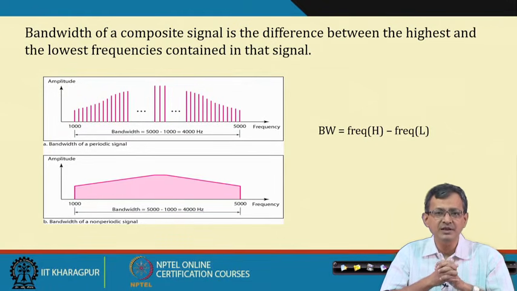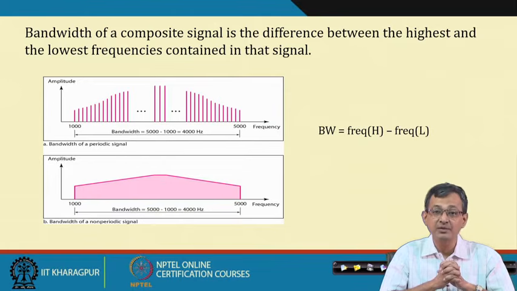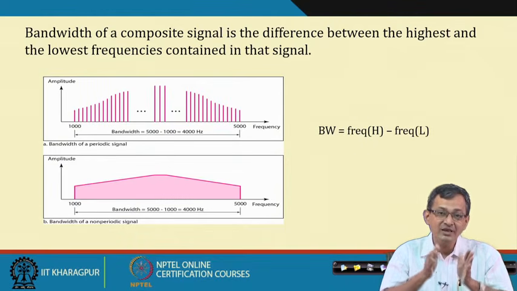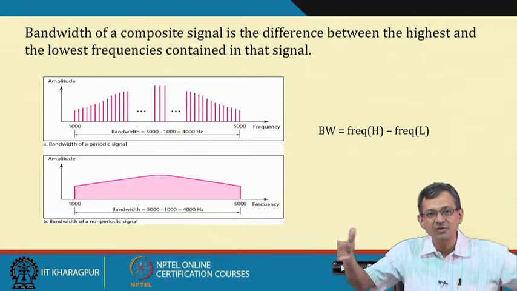Why are we breaking our heads on this? Because your communication channel may not allow all frequency bands, right. It has its own material property, and based on that all frequencies may not be allowed. So, it may allow a set of frequencies. Some channels may allow a wider range.